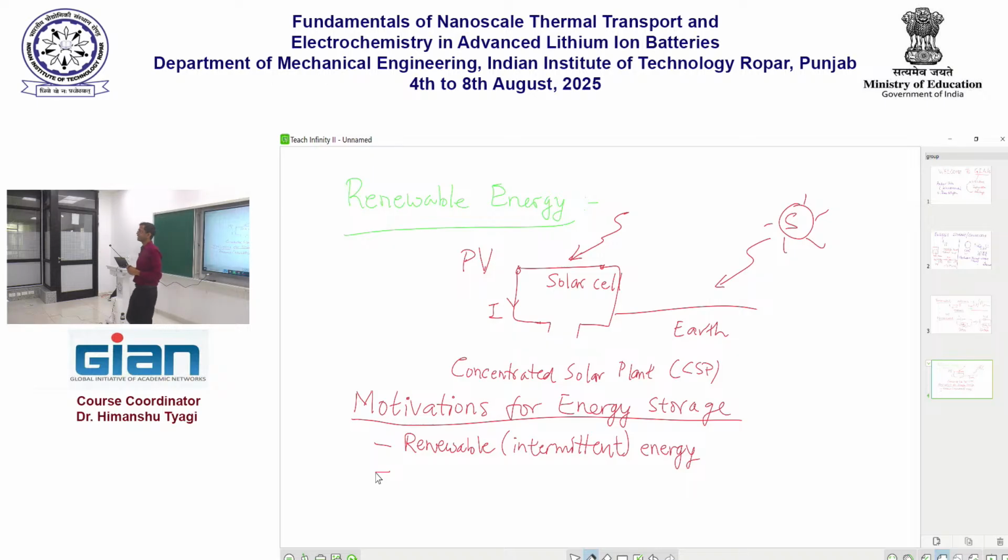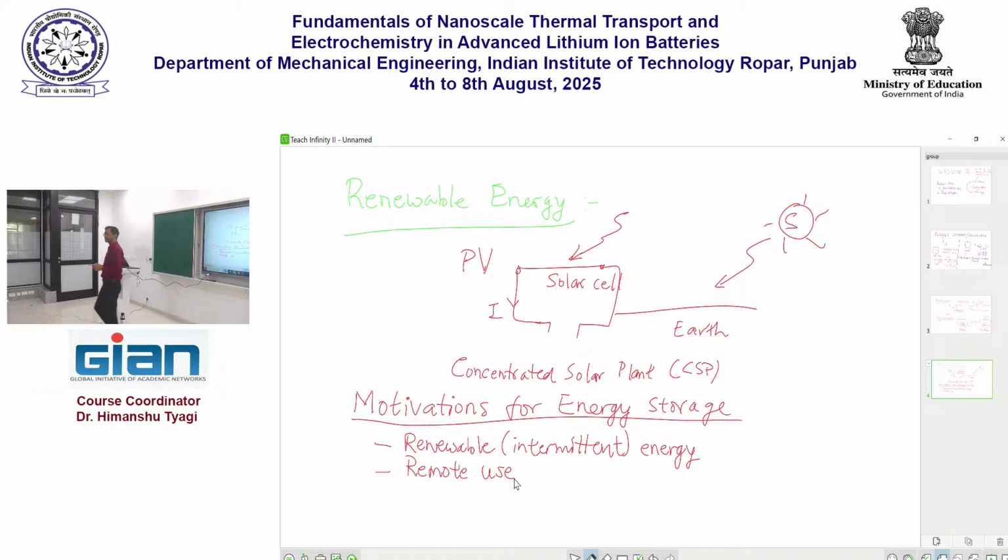Where else in our lives do you think energy storage is important? Remote areas, absolutely. So remote use.